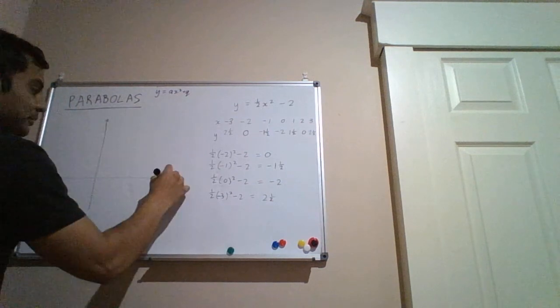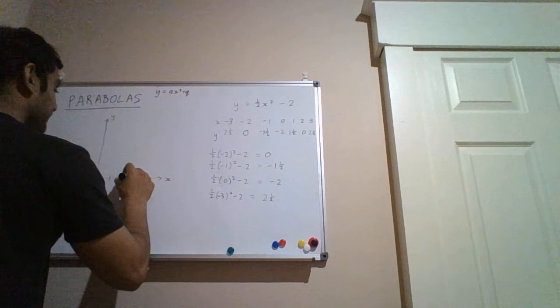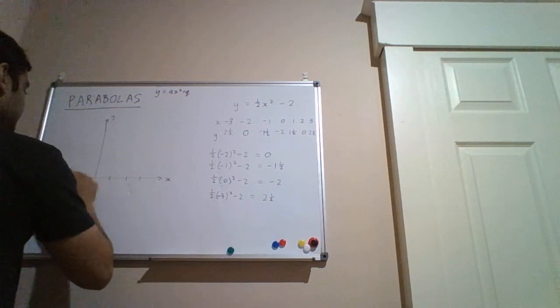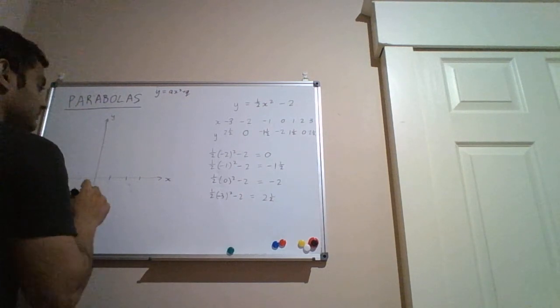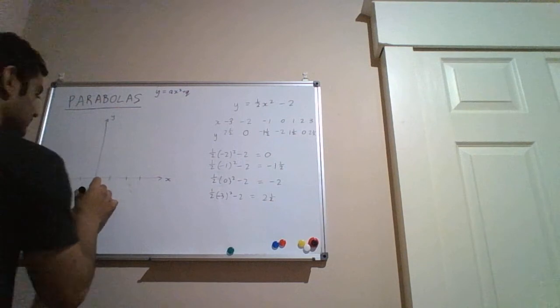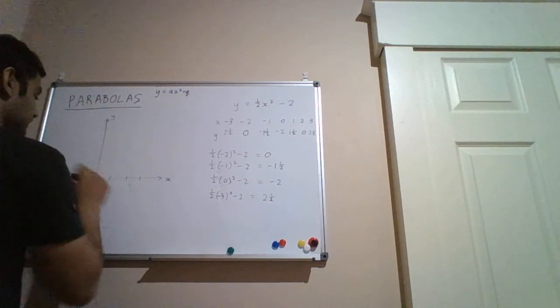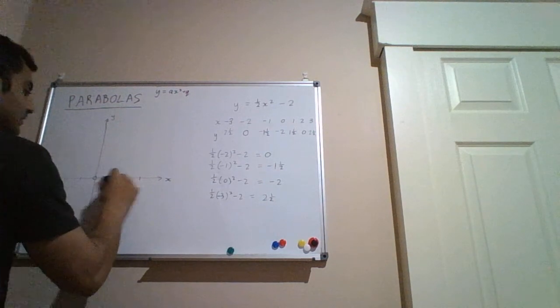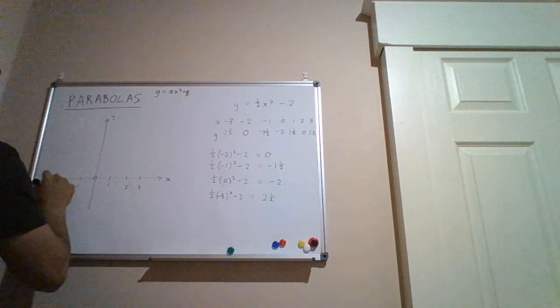So let's plot these points. Our x values go 1, 2, 3, minus 1, minus 2, minus 3.